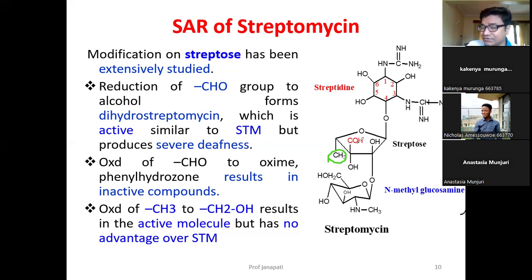They also tried the same aldehyde portion, converting it to oximes and phenylhydrazones, but it was not successful. Then they tried the methyl group, converting it into an alcohol portion. That also did not result in any activity or advantage.